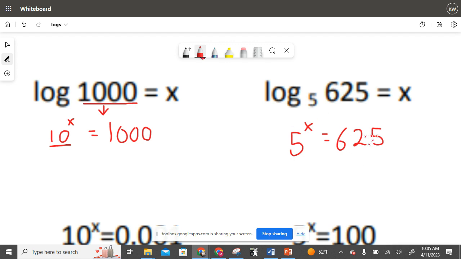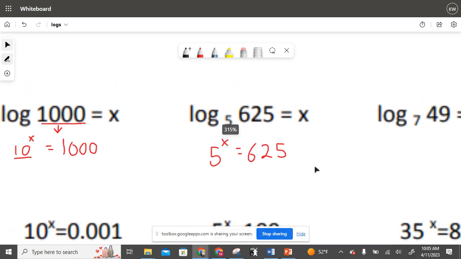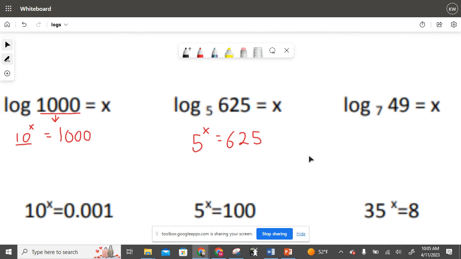So 5 to some power gives you 625. Now for our last one in the top row, we got the log of base 7 and 49 gives us x. So our base here is 7. Our exponent is x. And it is 49.